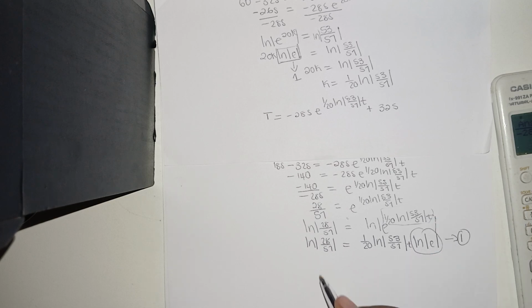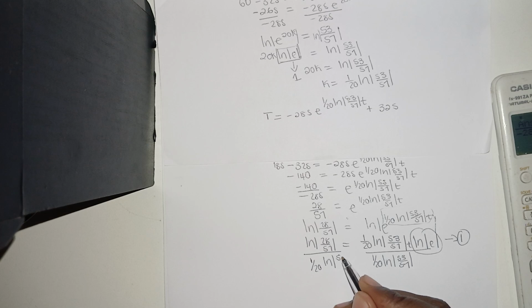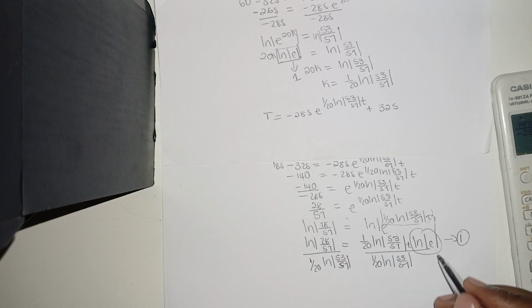So we're going to divide both sides by 1 over 20 ln of 53 over 57, and then we're going to leave t.